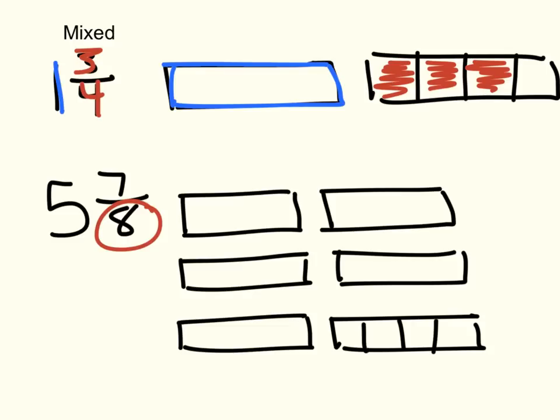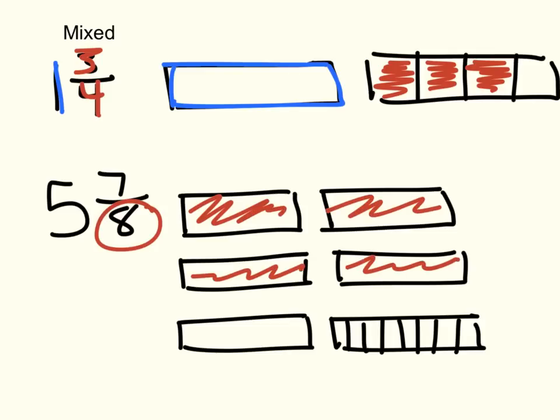So I know 8. I have 4 right now, so I could just cut each of these fourths in half, and now I have 8. So I can color this in. 1, 2, 3, 4, 5, and 1, 2, 3, 4, 5, 6, 7, 8.